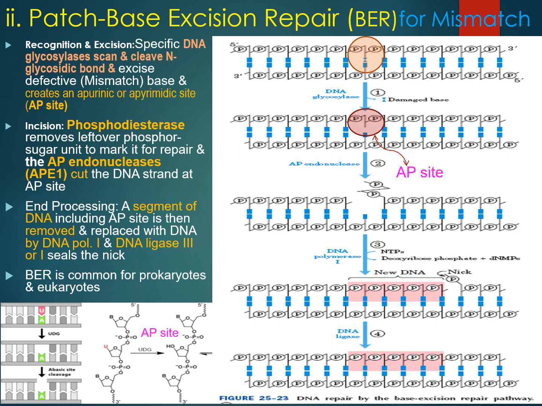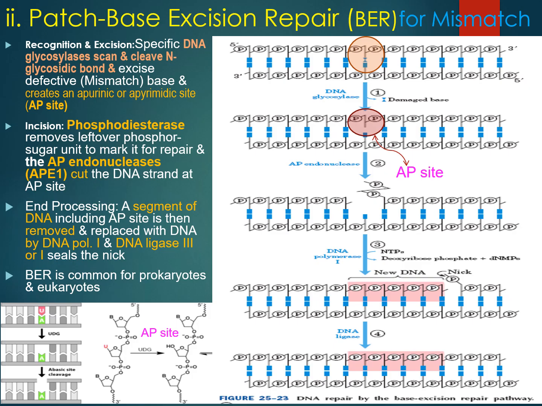That base is removed by the glycosylase enzyme, which will scan and cleave the glycosidic bond so that the base is removed. But it still retains the phosphodiester bond. This will create a site called an AP site, apurinic or apyrimidinic site.